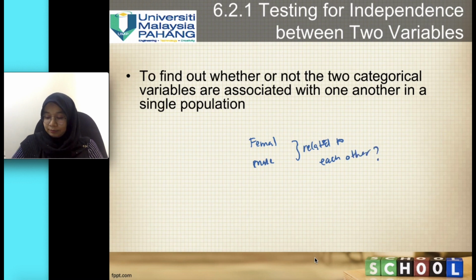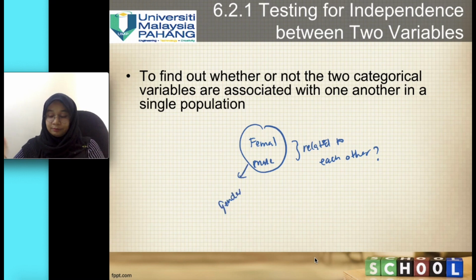Female and male is categorical data, gender. Gender can be categorized by female and male. Is this related to each other? We can know by conducting the independence test.